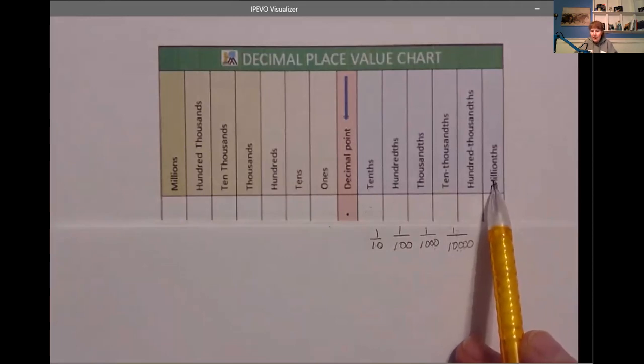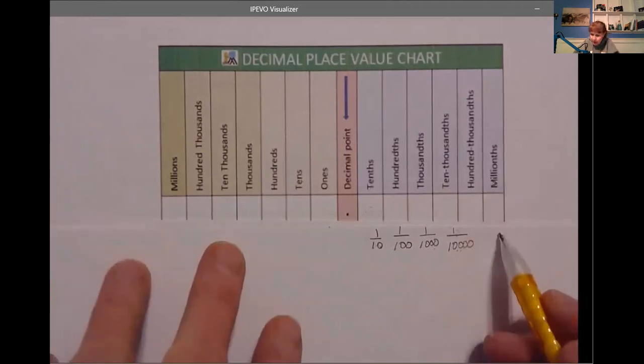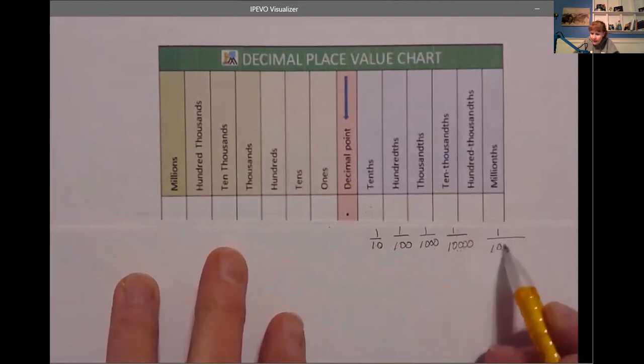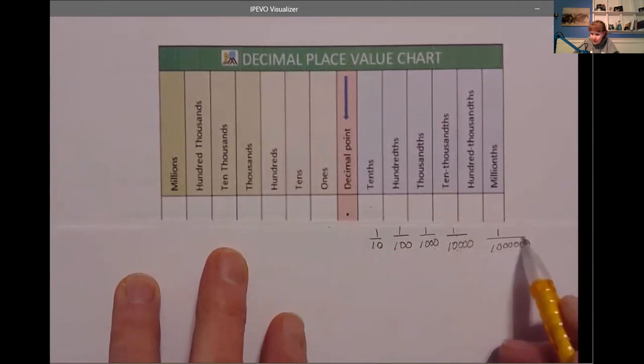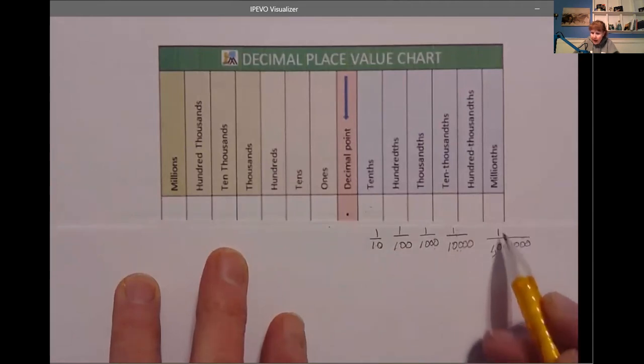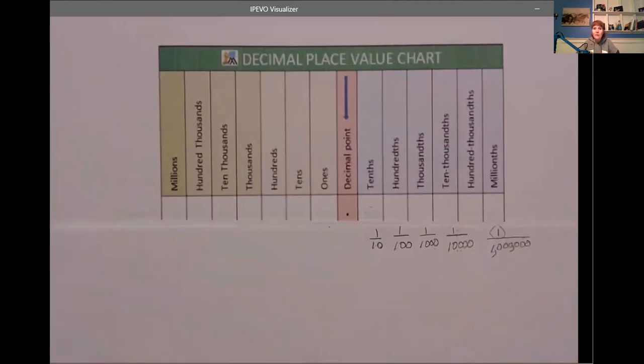You're dividing something into a million pieces, and that numerator would tell you how many of those you have. 1, 2, 3, 4, 5, 6 zeros in a million. So again, they can get very, very small.